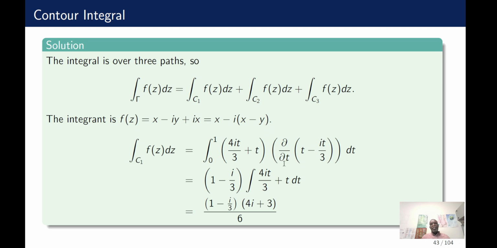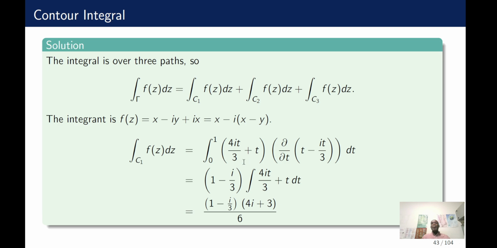So you need to differentiate this with respect to t so that you get what you're going to integrate with. This is a constant. It has no x. If you differentiate this with respect to t, it will be 1 minus I over 3. It's constant, it goes out.